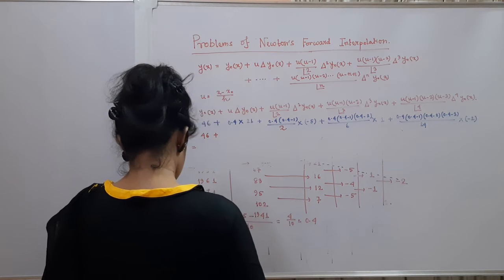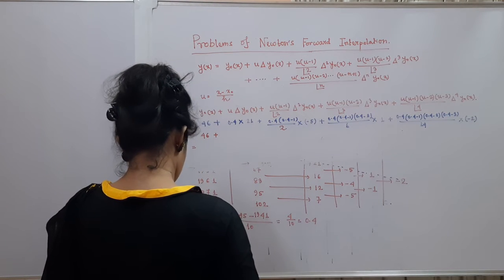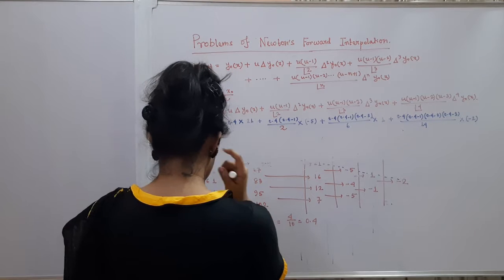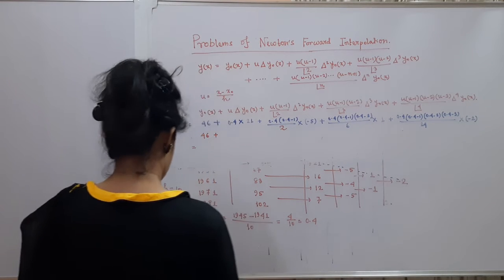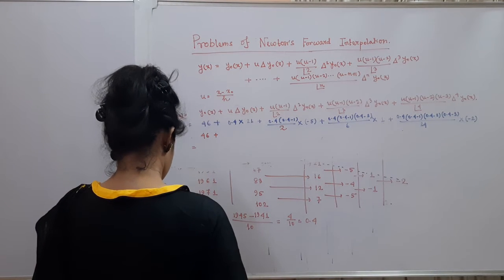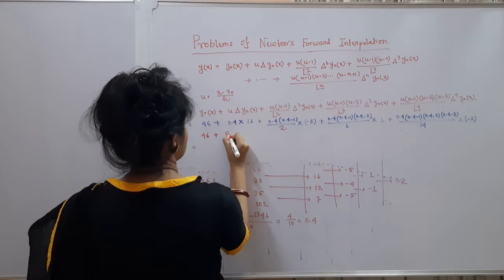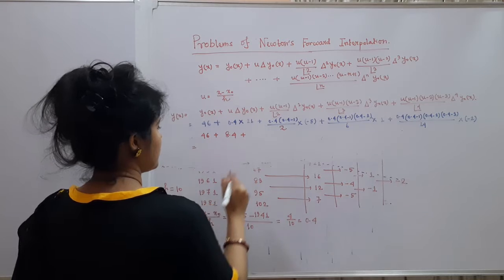Okay, so 21 into 4 divided by 10 is 8.4. So you can write it like 8.4.